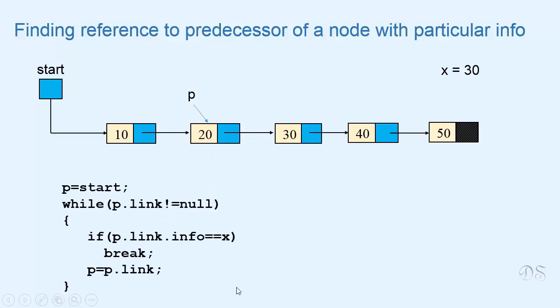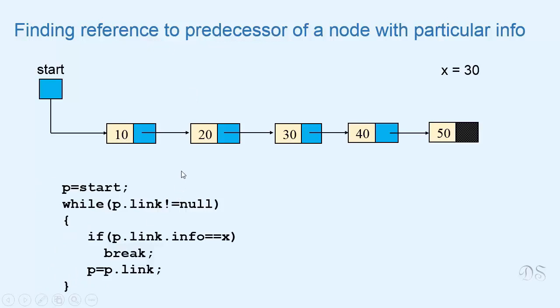This is the code that will give us reference to predecessor of the node that contains x. Here inside the loop we are checking p link info instead of p info, and the loop condition here is p link is not equal to null. So this loop will stop when p refers to the last node, because when p refers to the last node, we don't want these statements to work.